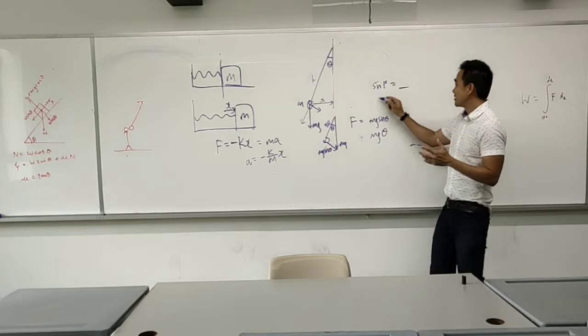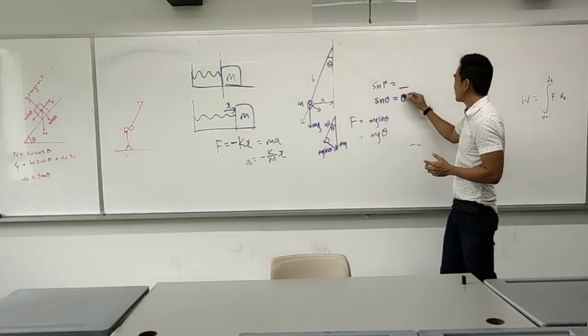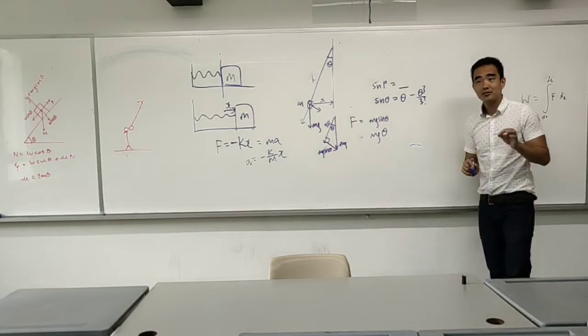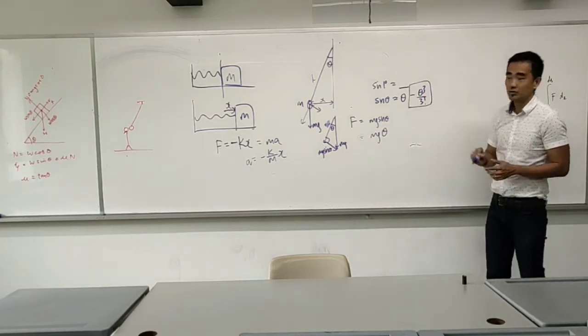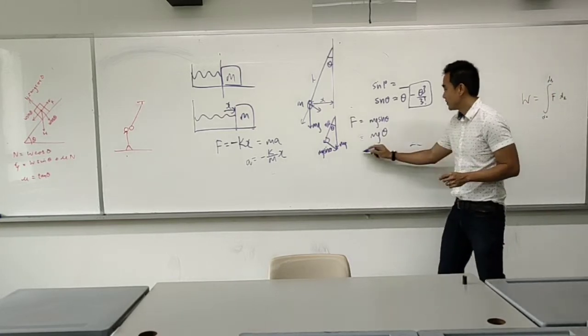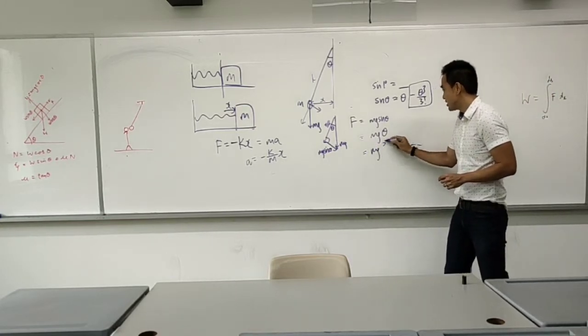It is a mathematical rule where sine theta is approximately equal to theta minus theta cubed over 3 factorial. So if the angle is small, this term goes to 0. Therefore, this is equal to mg x upon L.